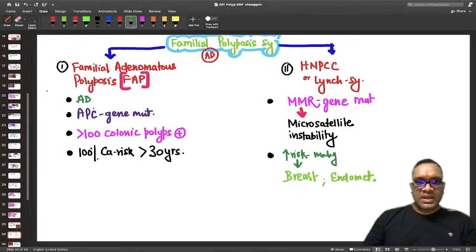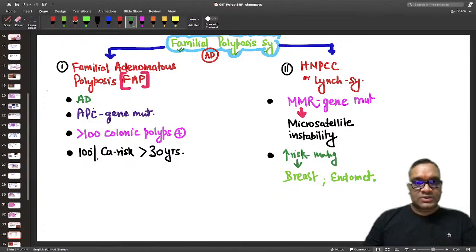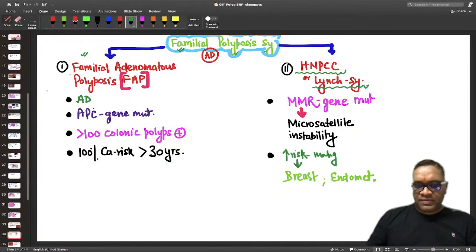So remember, familial polyposis syndrome, which will be running in the family, is a hereditary disorder. They are of two types, right? Familial adenomatous polyposis and hereditary non-polyposis colorectal cancer, which is also called Lynch syndrome, right? First we will talk about familial adenomatous polyposis, which is an autosomal dominant disorder.